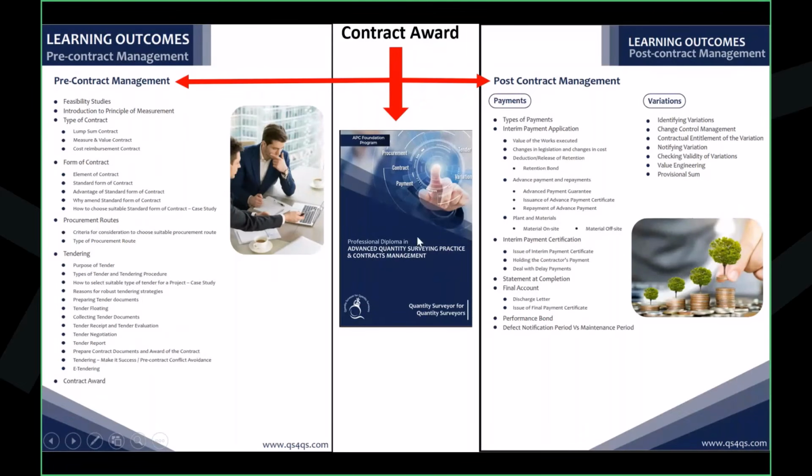Now some of you may be thinking, I can manage the post-contract if I know the contract. Yes, but can you manage the pre-contract without knowing the contract? Still you can't, because whatever wrong things you do in the contract award will impact the post-contract. So you should know both areas, how to manage the contract in either the pre or the post.